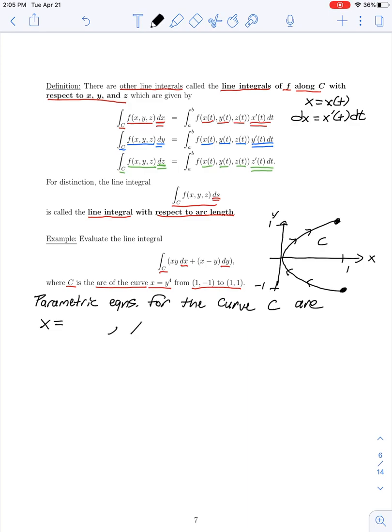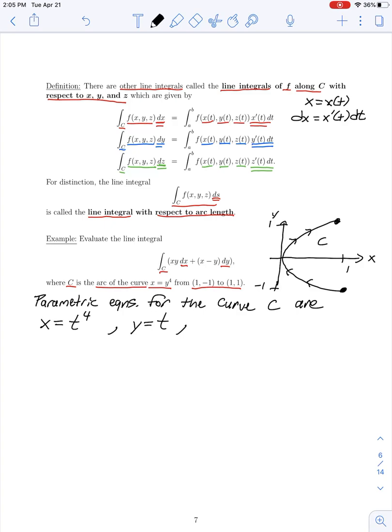So if I choose y to simply be t, then x, which is y to the 4th, would be t to the 4th. And then let's think about the range of values for t.